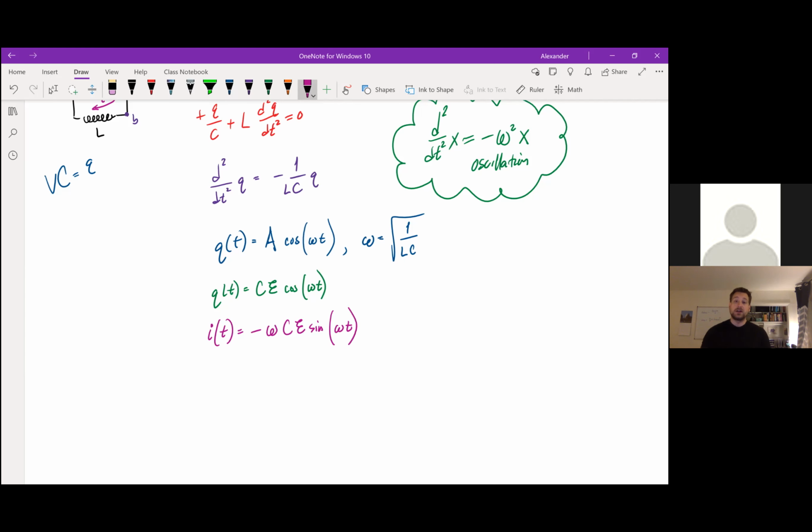Q is our analog here for the instantaneous position. The current is our analog for the instantaneous velocity of the particle in oscillation.